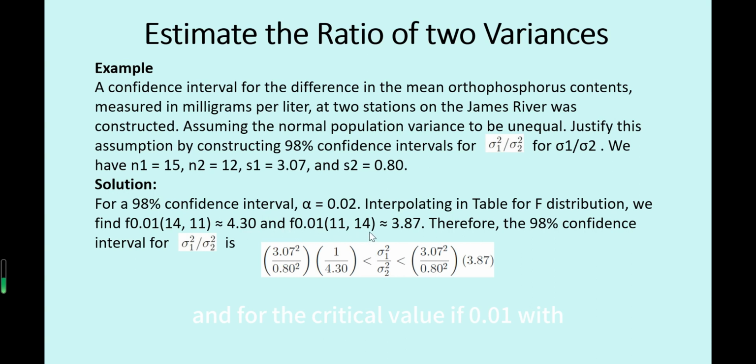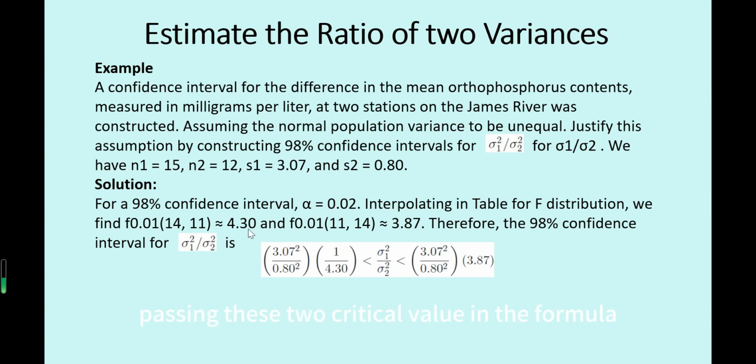And the critical value F 0.01 with 11 and 14 degrees of freedom is about 3.87.